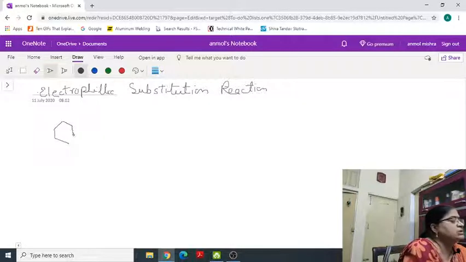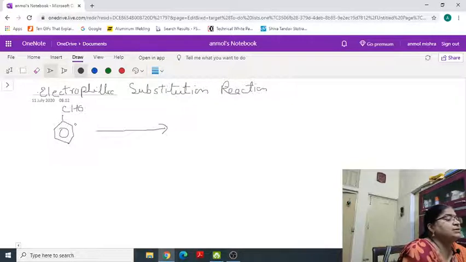Under it we have to study nitration. The aldehyde group is meta-directing. It is not ortho-para-directing, it is meta-directing because the electron density is maximum at the meta position.